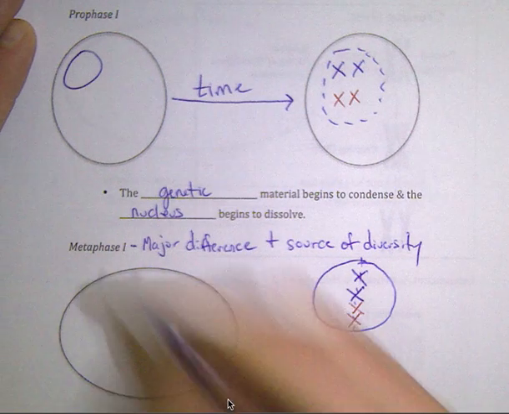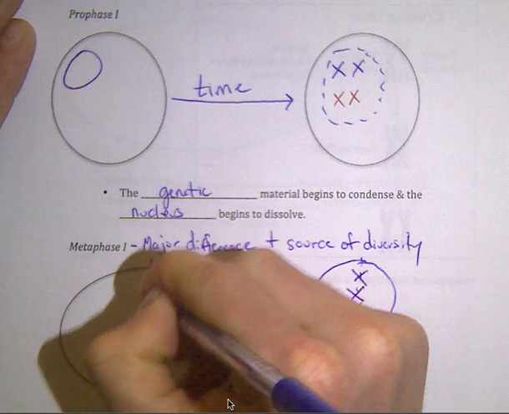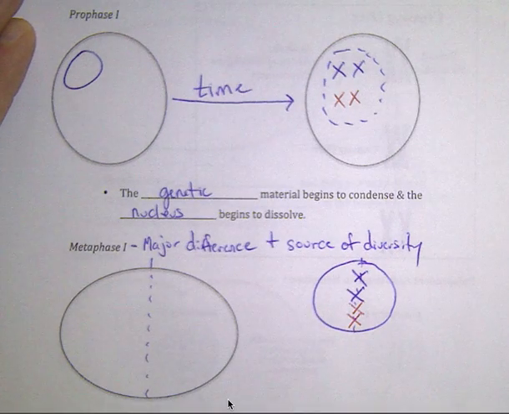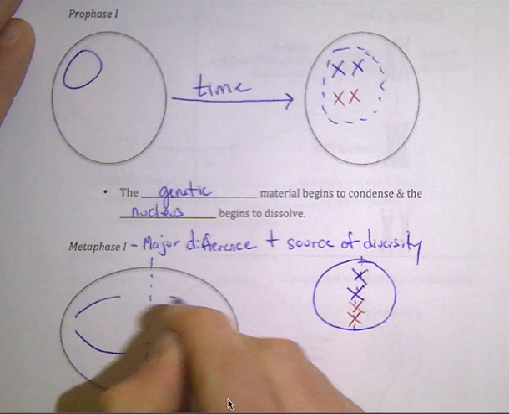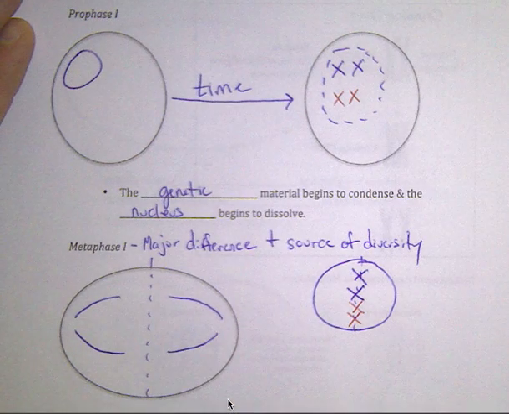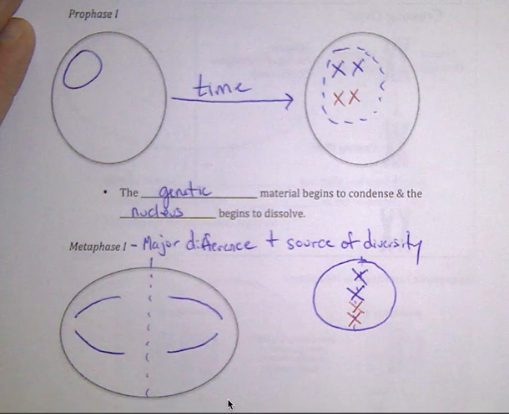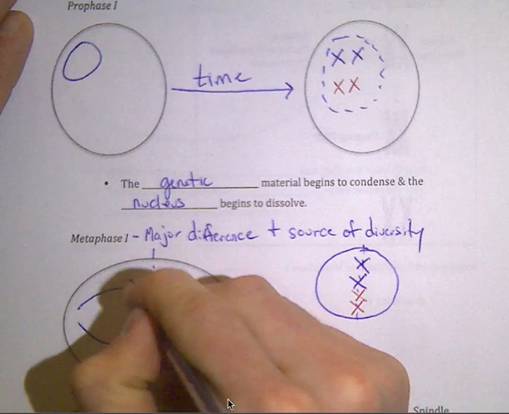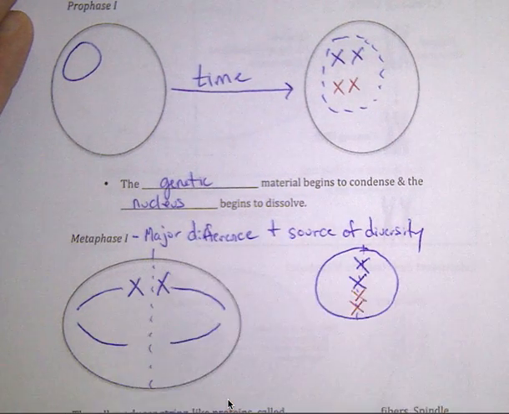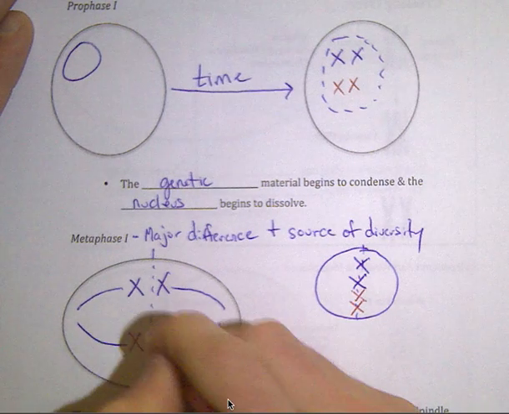In metaphase in meiosis, our spindle fibers are still attaching to our chromosomes, and they're still pushing and pulling to line up our chromosomes at the center of the cell. Except for my alike chromosomes, my homologous chromosomes line up side by side.